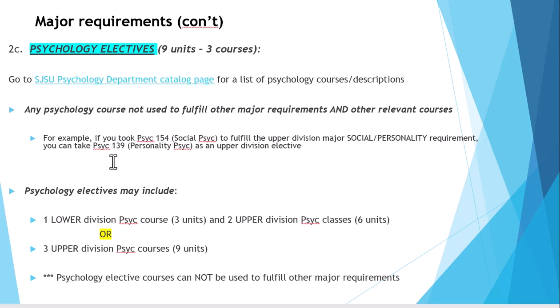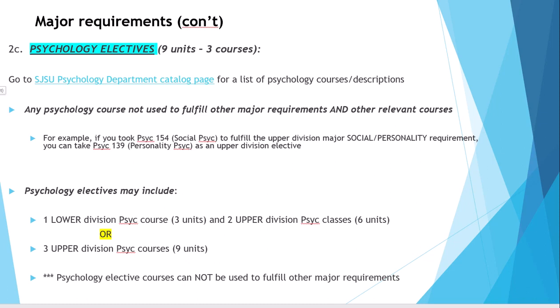Okay, well, there is another class in that bin, personality psychology, that you can take to fulfill the psychology elective requirement. Okay, so if you really enjoyed the social psychology class and you want to check out the other class in that bin that you didn't take to fulfill the requirement, then that class can be used as a psychology elective.